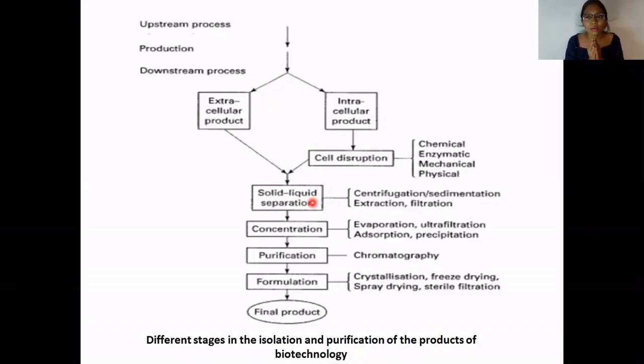We will have certain cell debris, or cell fragments, some unwanted precipitated material, some unwanted precipitated salt, some thick fermented medium components, or the viscosity of the entire broth may have increased because of the activity of the microorganisms. You are just interested in the product, you don't want such impurities. So at that stage, you need to separate out the solid and liquid content.